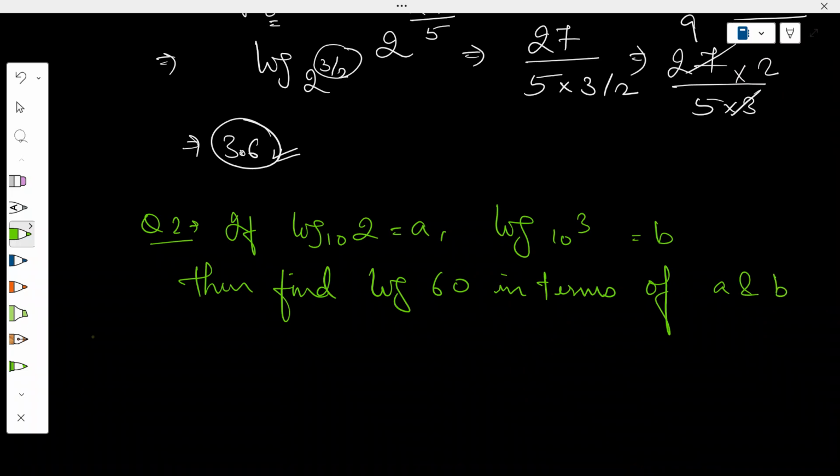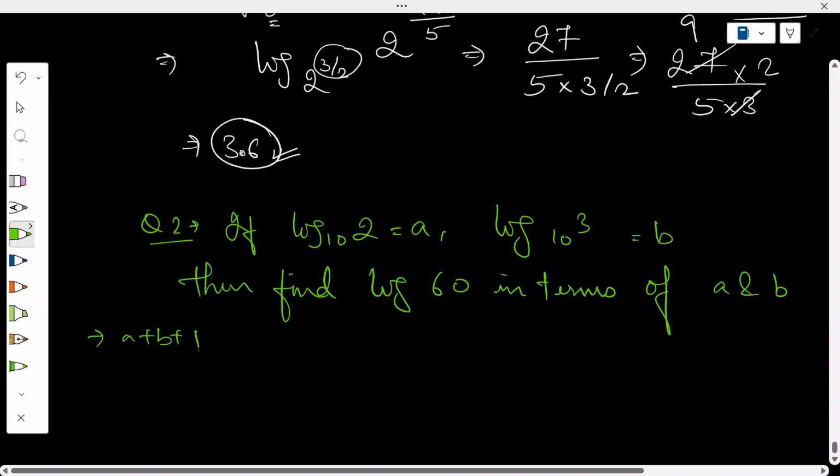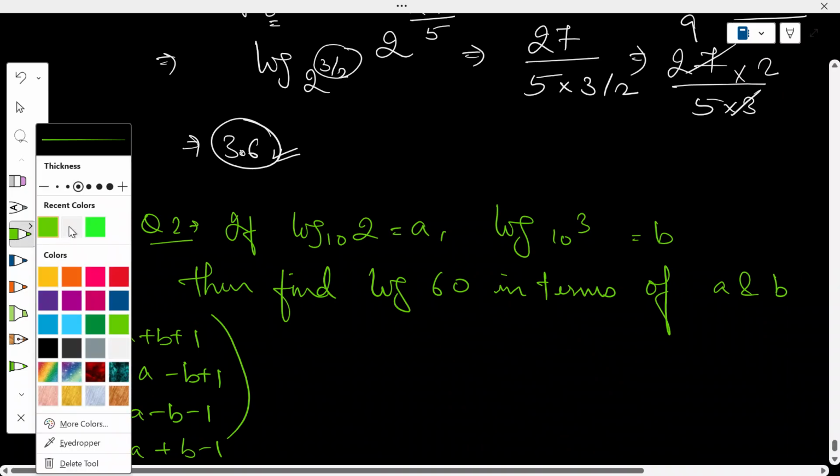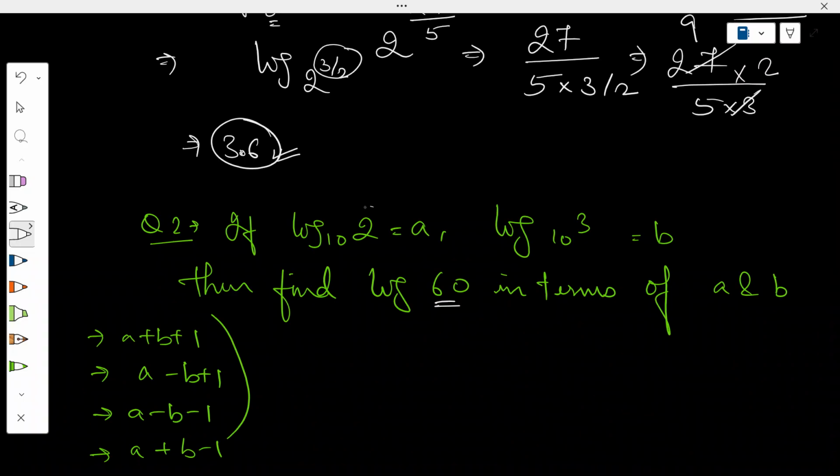So our options are a plus b plus 1, a minus b plus 1, a minus b minus 1, and a plus b minus 1. So the idea is to express 60 in some combination of 2 and 3, so that we can find the value of this in terms of a and b.